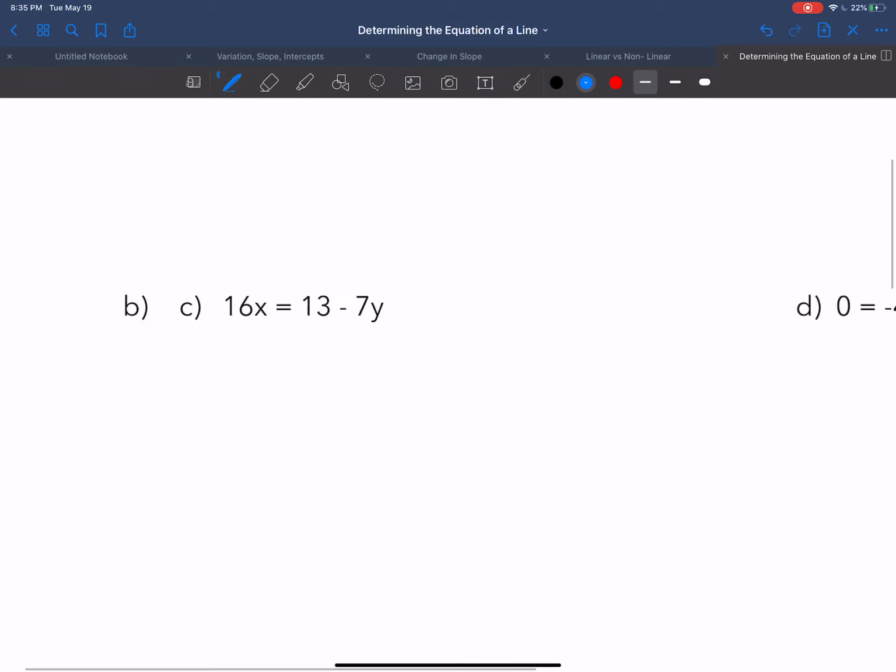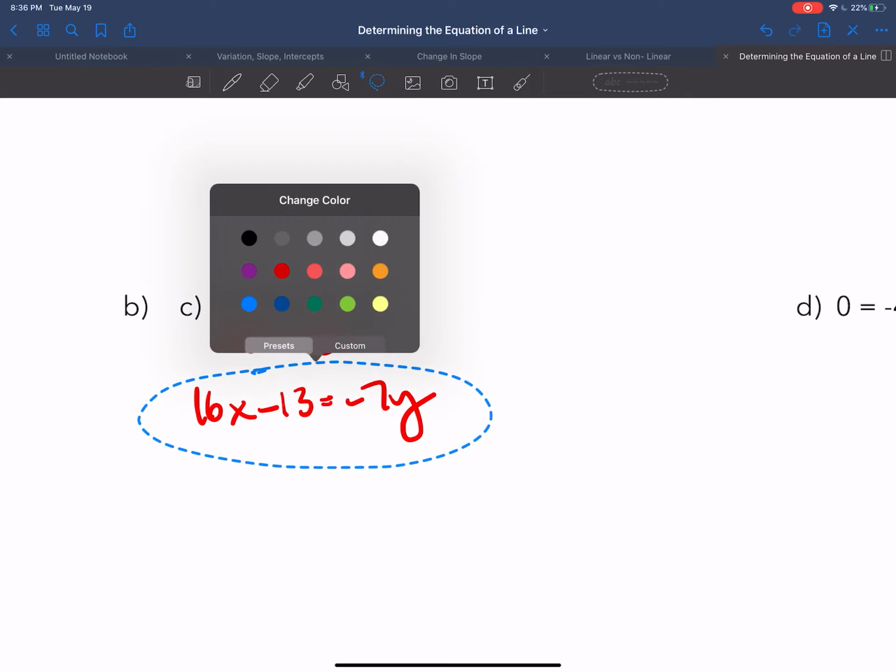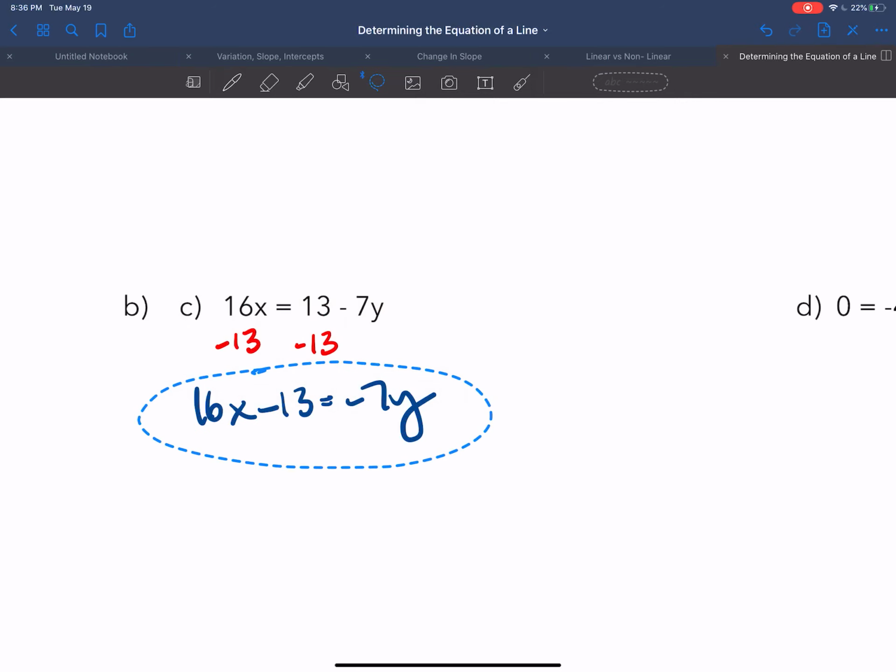Moving on. Remember, you can pause, rewind, whatever, whenever you want. So I want to get y by itself. I'm going to subtract the 13. So I have 16x minus 13 is negative 7y. And now I want to get rid of the negative 7, so I'm going to divide by negative 7.